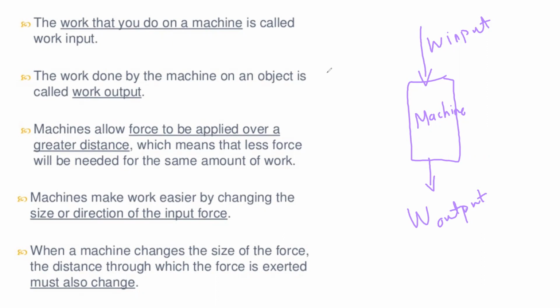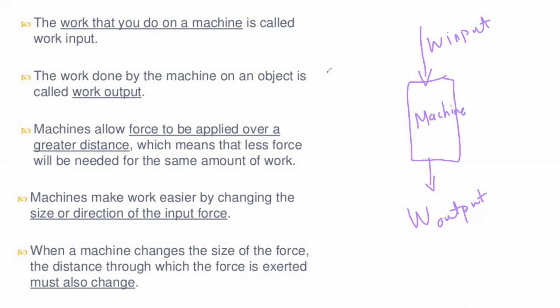In physics, to determine the efficiency of the machine, you divide the work output by the work input. If it is 100 percent, we call it an ideal machine, and this is impossible, because you cannot apply, for example, 20 joules and get exactly 20 joules as output.